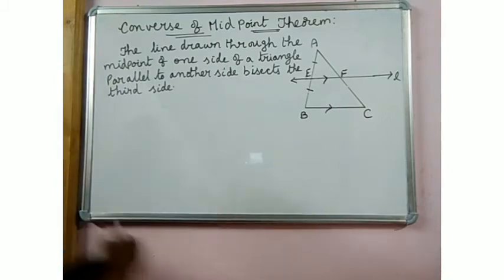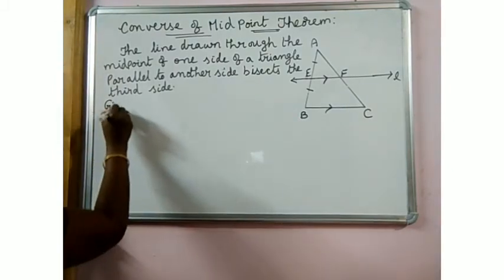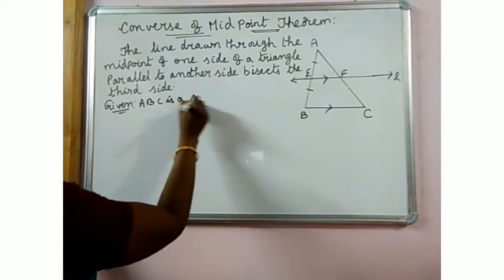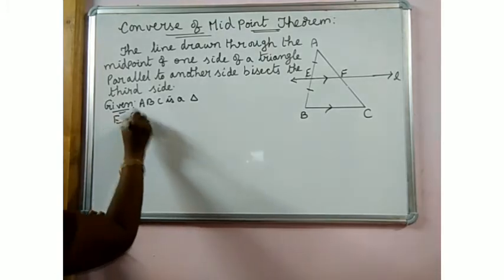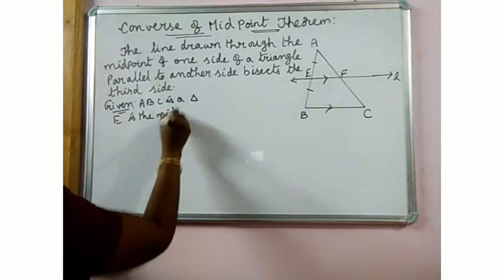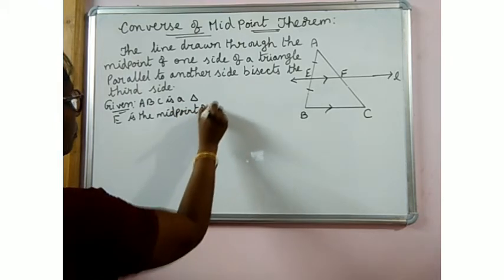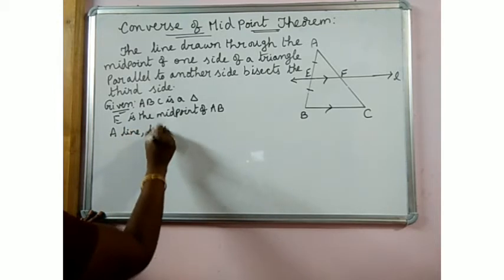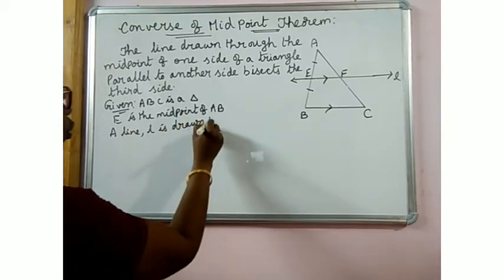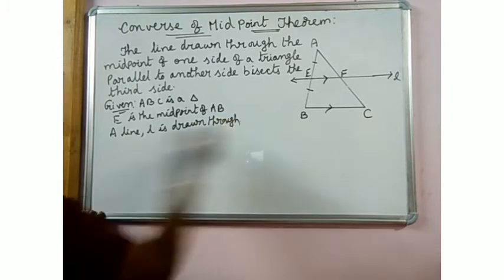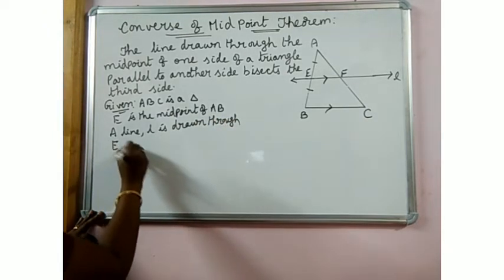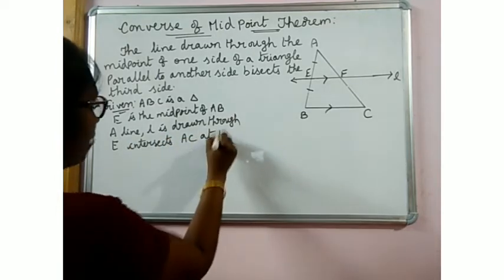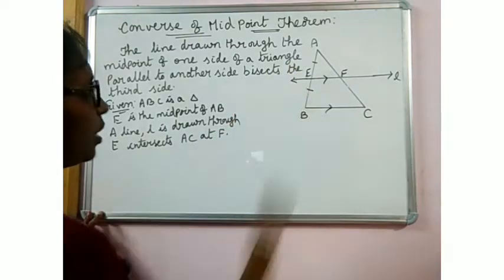That means what is given here is: ABC is a triangle, E is the midpoint of AB, and a line L is drawn through E, intersects AC at F. That is what is given and shown in the figure.